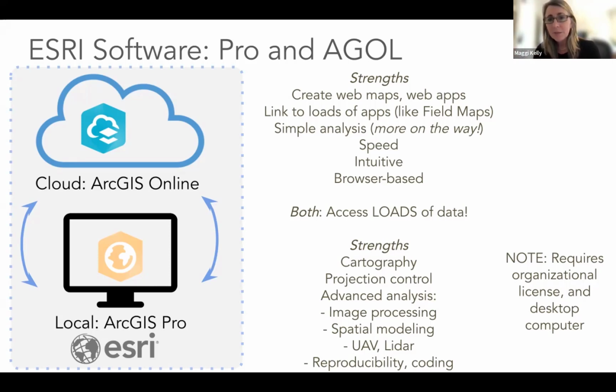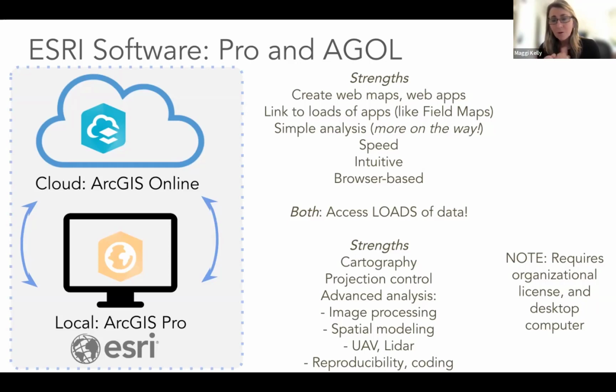Lots and lots of simple analysis, but more complex analysis is being unveiled really every month. It's fast, it's intuitive, it's browser-based. You don't have to have a license file to enable this to work. It's great. If you're into it, check out workshops that we're going to have later on about ArcGIS Online.